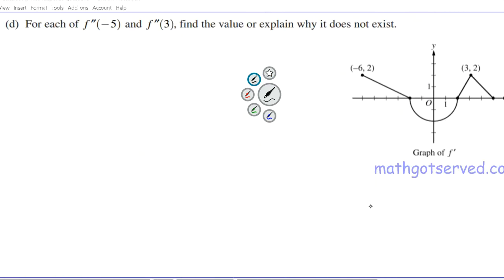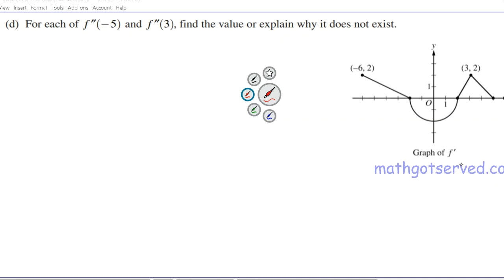All right, let's take a look at part D. In this particular problem, you're going to be assessed on how to find the derivative of a point on a graph given the graph of the function. So what's the plan here? We're asked to find f double prime of -5 and f double prime of 3 given f prime.